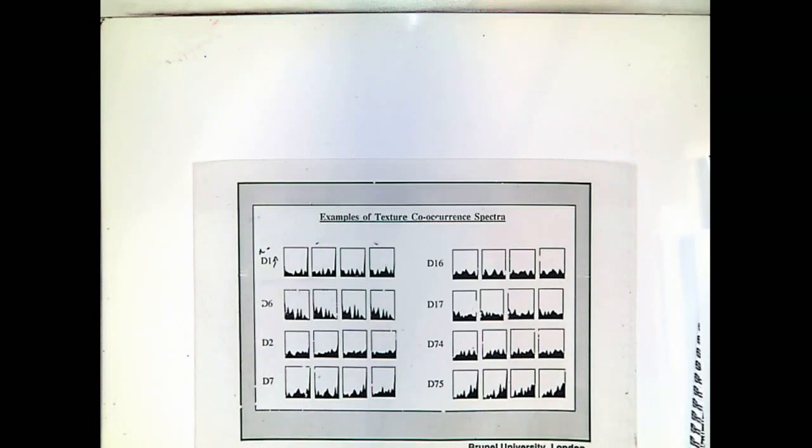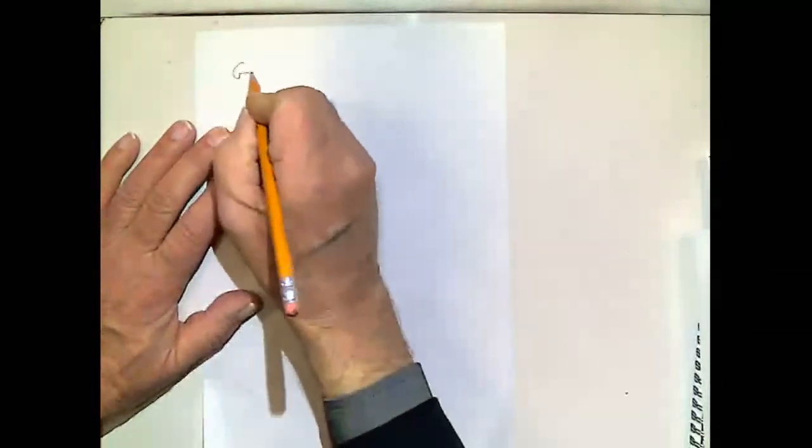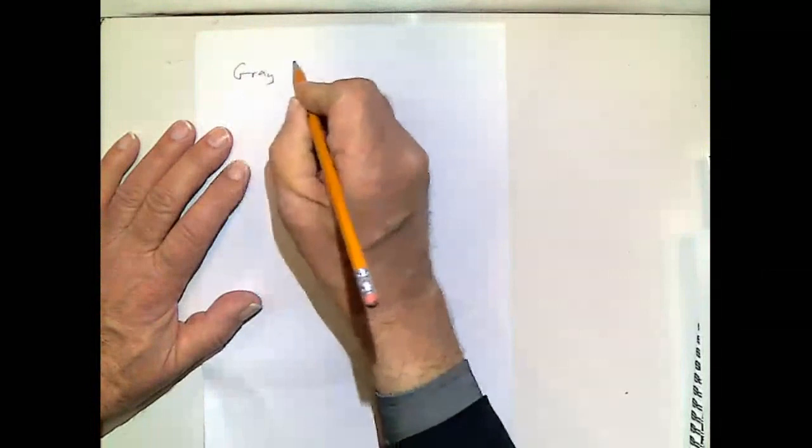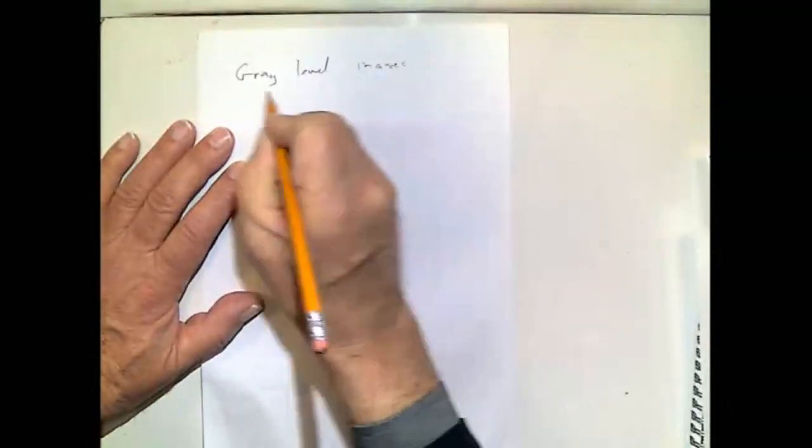It is tricky. We need more resolution at the pixel level. So, for grey level images, right.